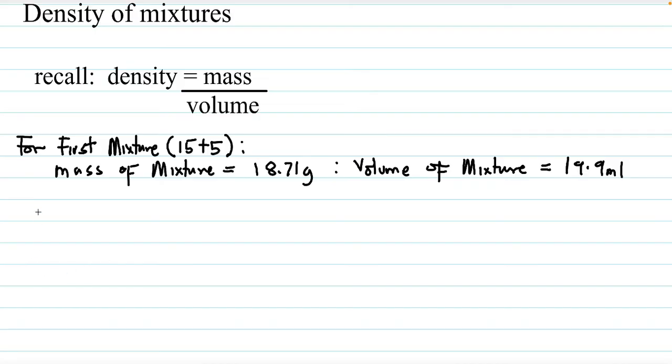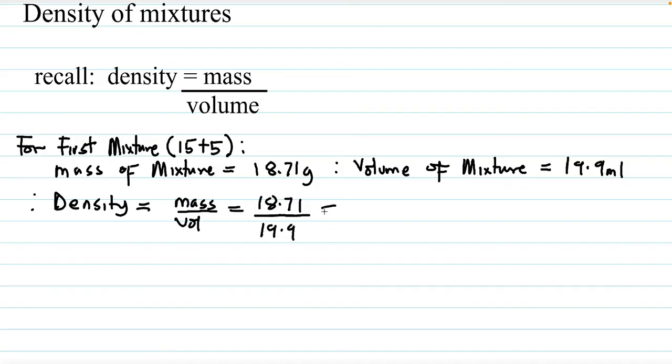So the density of that mixture equals the mass of the mixture over the volume. The mass is 18.71 and the volume is 19.9, so we have 18.71 divided by 19.9, which gives 0.94 gram per mil.